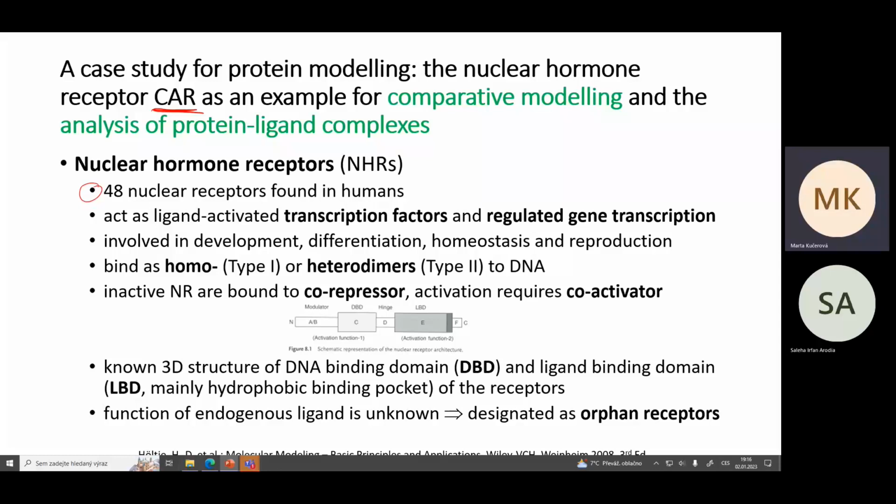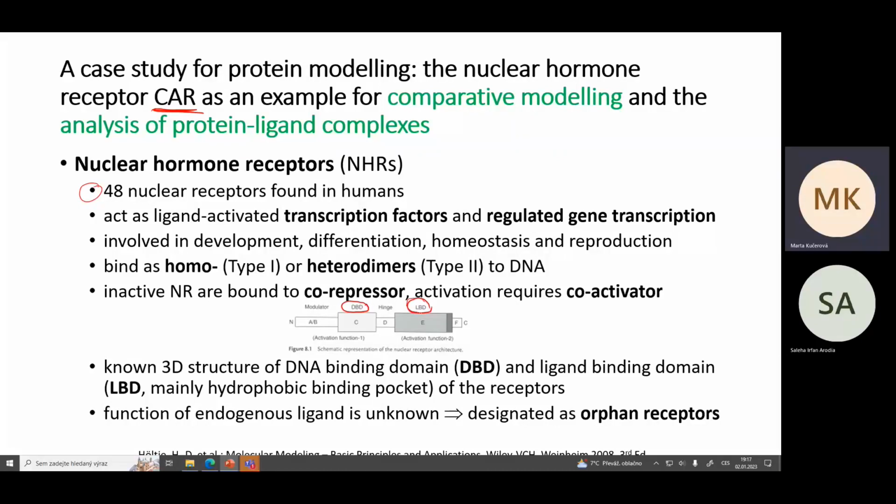And these receptors have a DNA binding domain, which is essential for binding to DNA in the cell nucleus. And there is a ligand binding domain, for example, for the steroid hormone, for vitamin D or vitamin A, and so on.